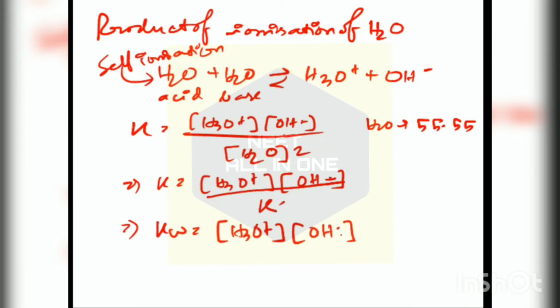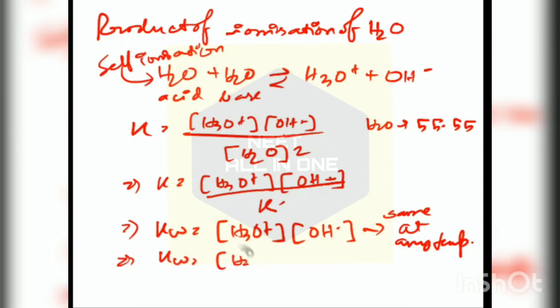We have a condition here, that is H3O⁺ into OH⁻ equal to KW. Now in pure water the concentrations of H3O⁺ and OH⁻ are the same, so you can write it like this, H3O⁺ the whole square.